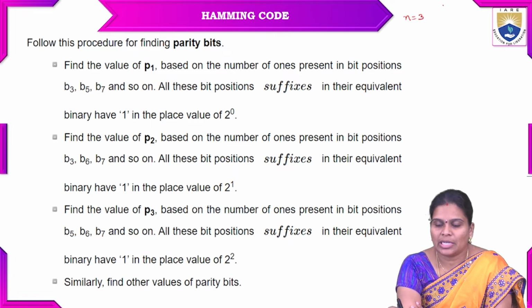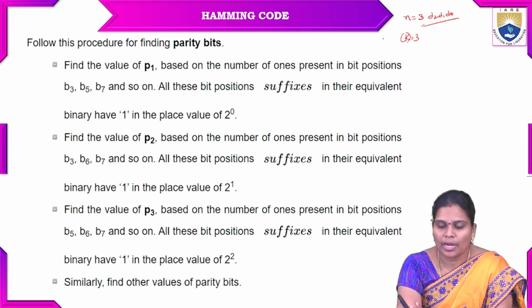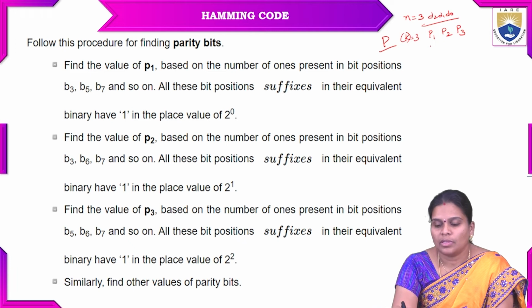This is the data; for example, the data bits are D2, D1, D0. The parity bits are for k equal to 3, with the variable P: P1, P2, P3. These 3 are the parity bits and these 3 are the data bits.